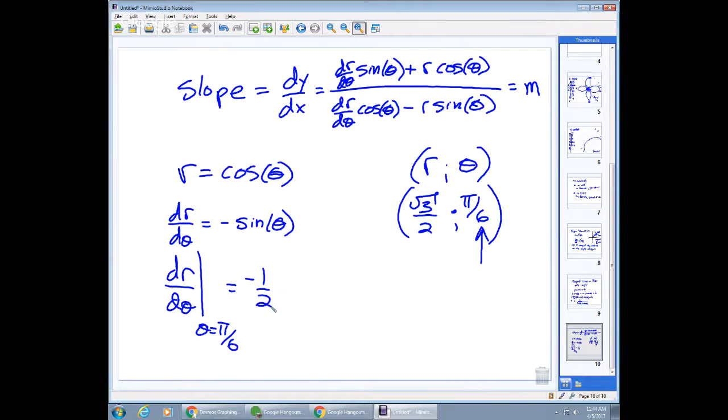So I need to now evaluate what the slope is. dy dx is going to be equal to dr d theta, which is -1/2, times the sine of pi over 6, which is 1/2, plus r at this point, which is square root of 3 over 2, and cosine of theta is also square root of 3 over 2.